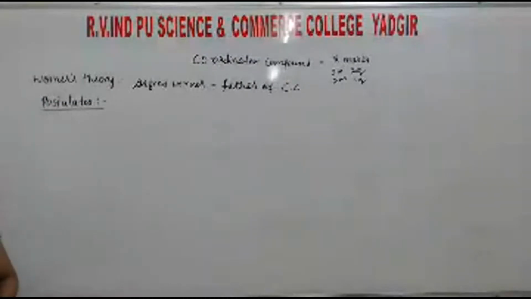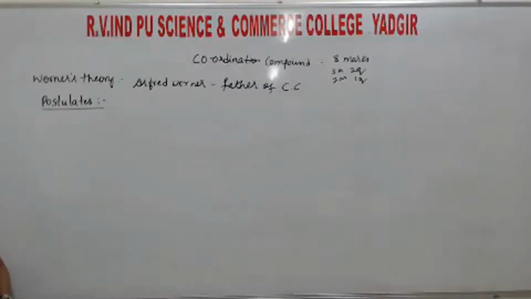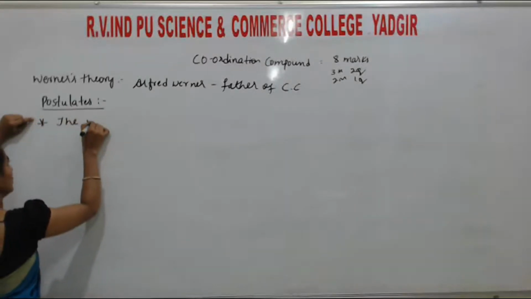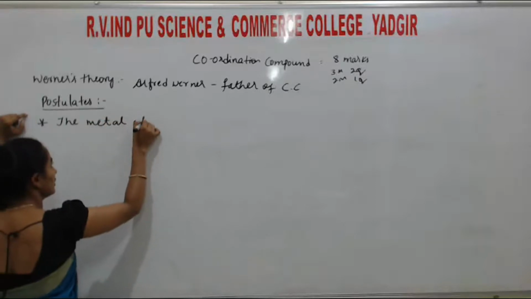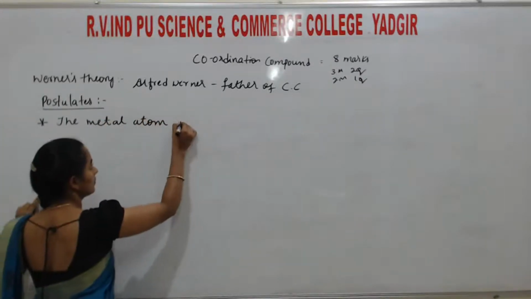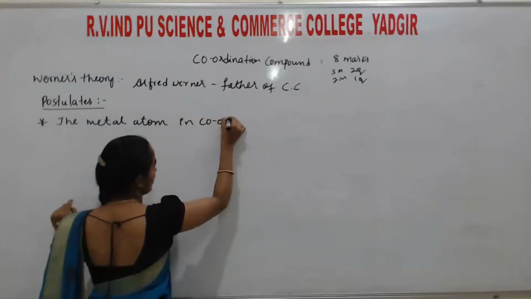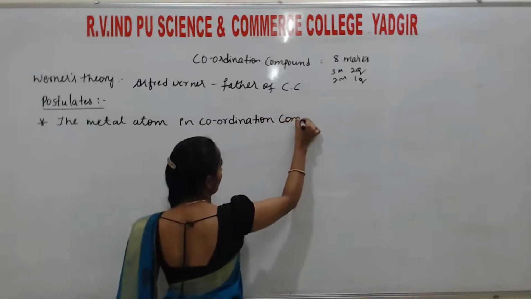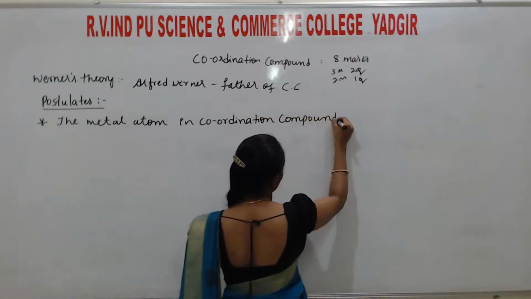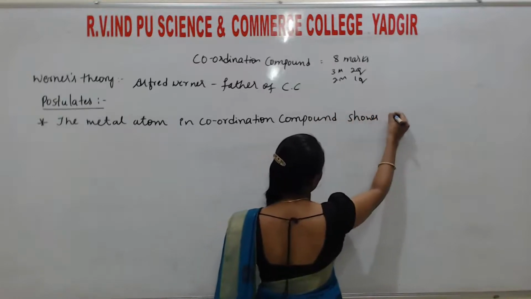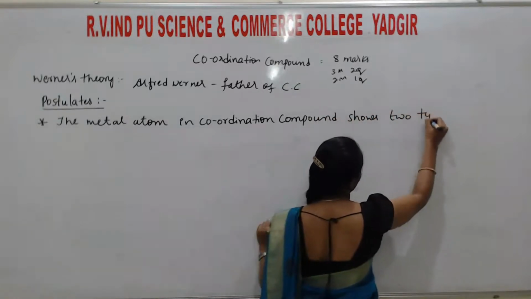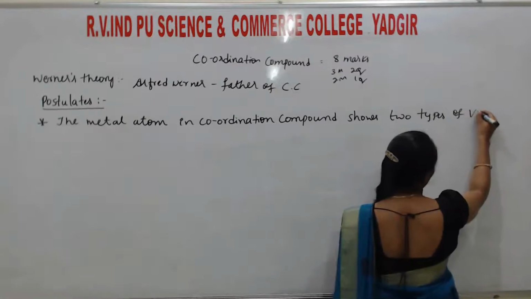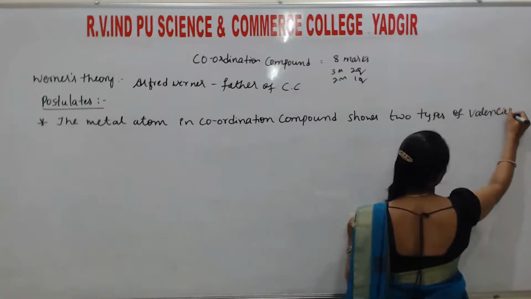Postulates of coordination and postulates of Werner's theory. So, first one, the metal atom in coordination compound shows two types of valencies.